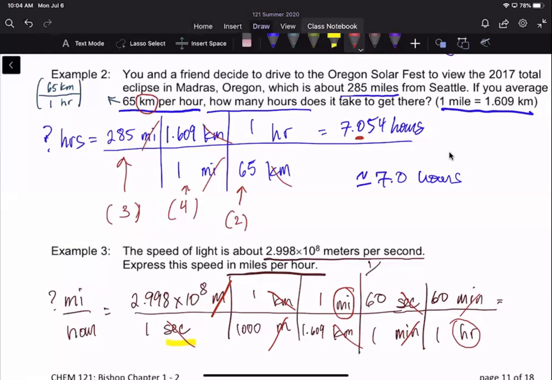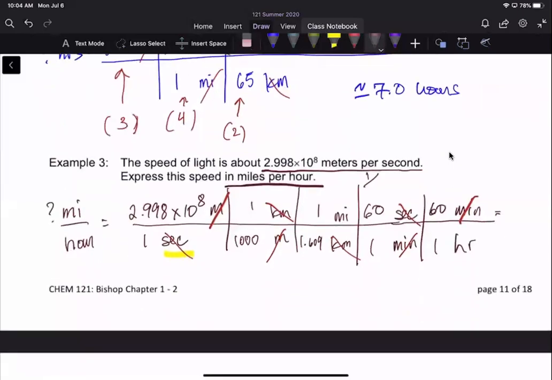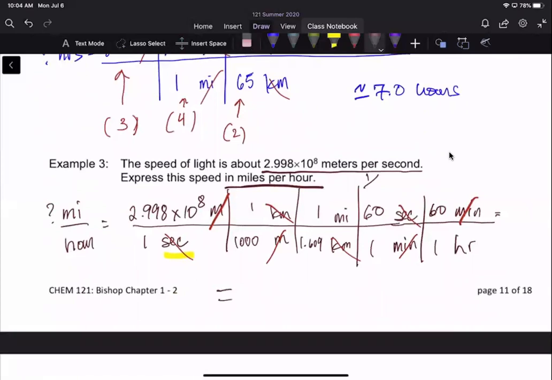Okay, so let's put in the values. There is my answer in the calculator.